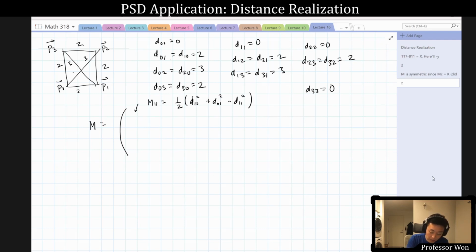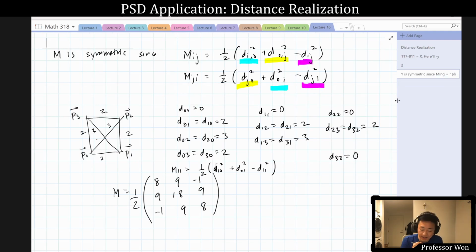So I should get 4. Which I think there's a typo in the notes, if I'm not mistaken. D10 squared is 4 plus D01 squared is 4 minus D11 squared. Yeah, okay, so there's a typo in the notes. Let me work this all out, and then I'll write the matrix down for you.